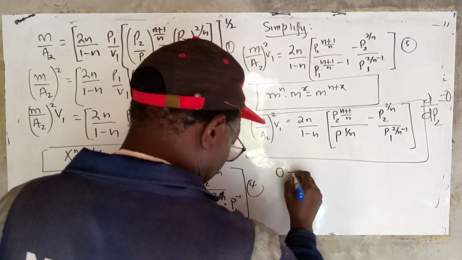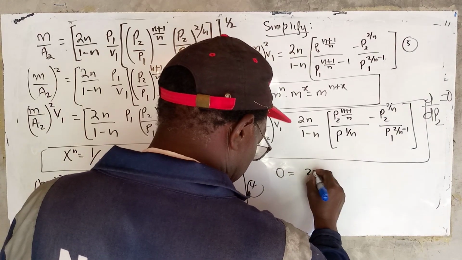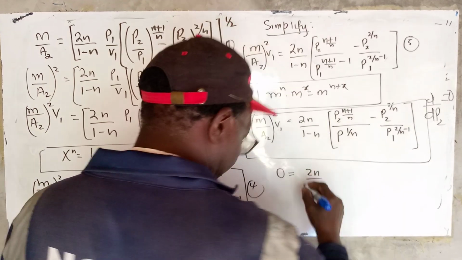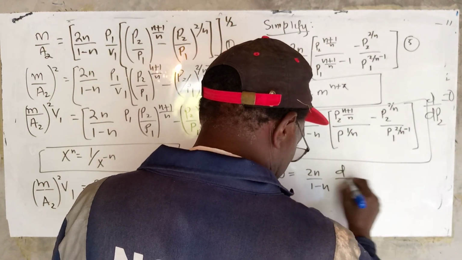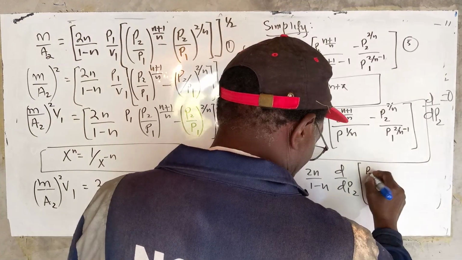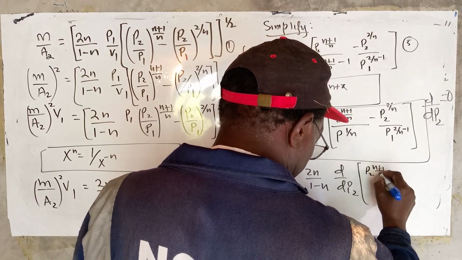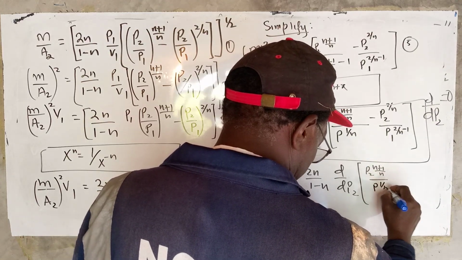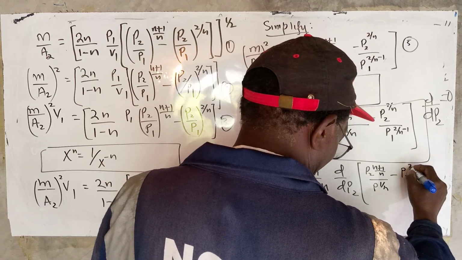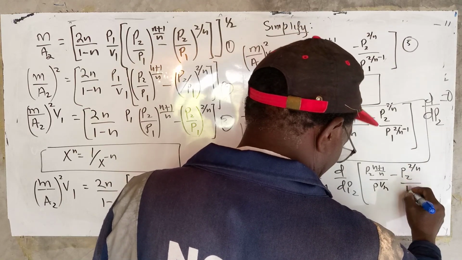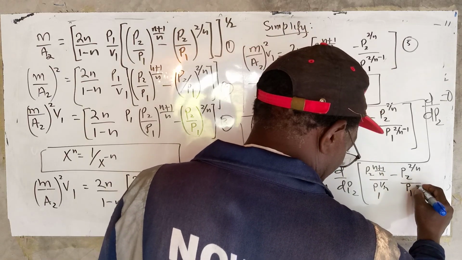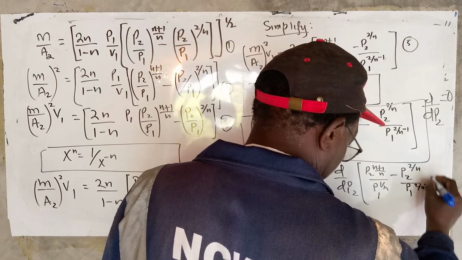So what do we have? 0 is equal to 2n over 1 minus n, and we take the derivative d/dP2 of P2 to the n plus 1 over n over P1 to the 1 over n, minus P2 to the 2 over n over P1 to the 2 over n minus 1.